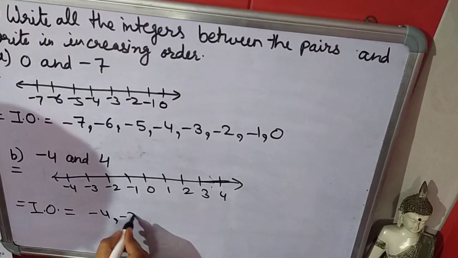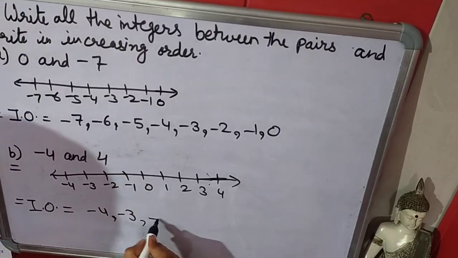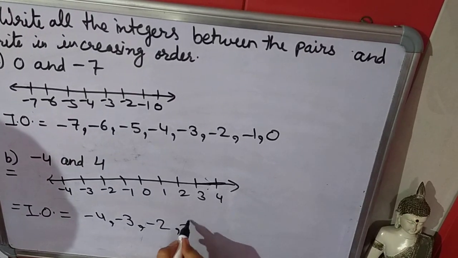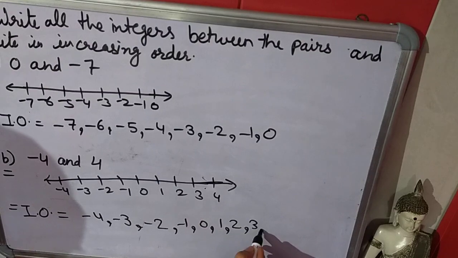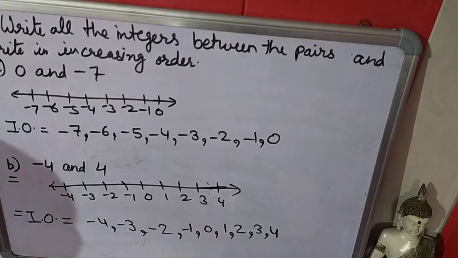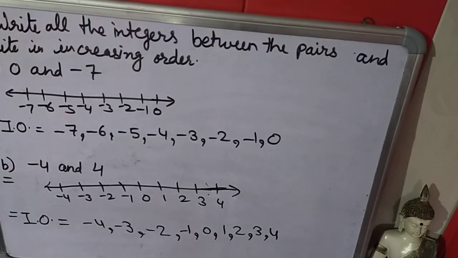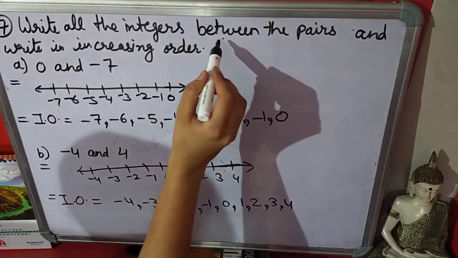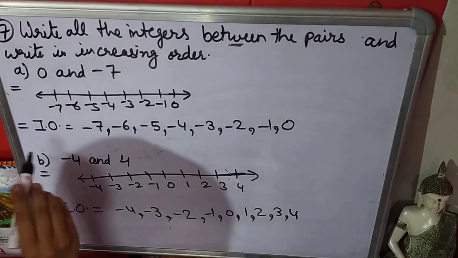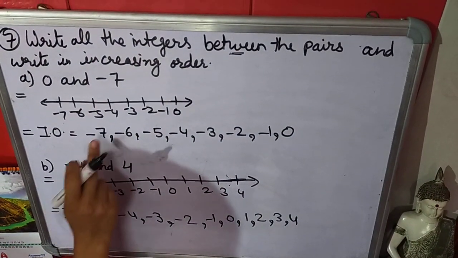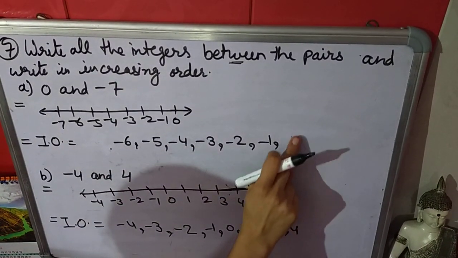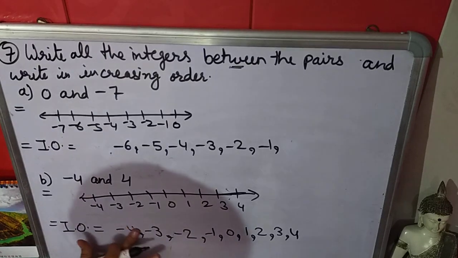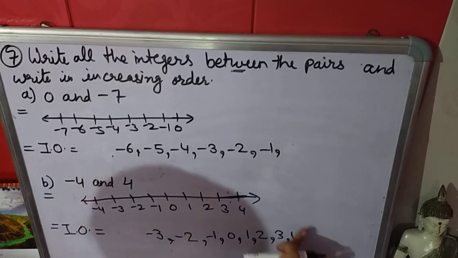Minus 4, minus 3, minus 2, minus 1, 0, 1, 2, 3 and 4. 4 is biggest number. In this question he is saying write the integer between the pairs. So we will not write here minus 7 and 0 because he is saying write between the pairs. We will not write here minus 4 also and 4.